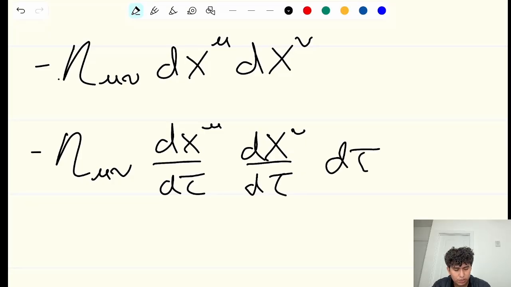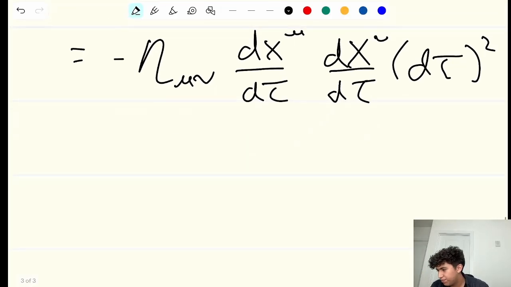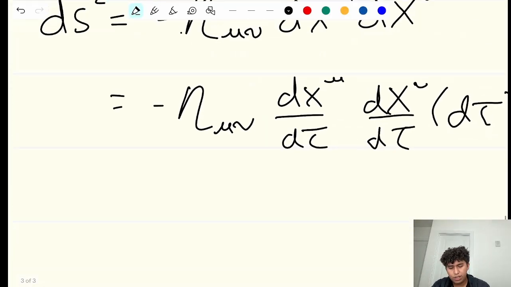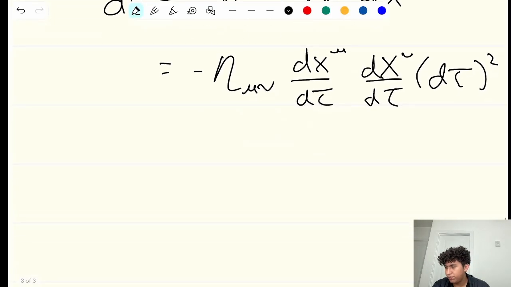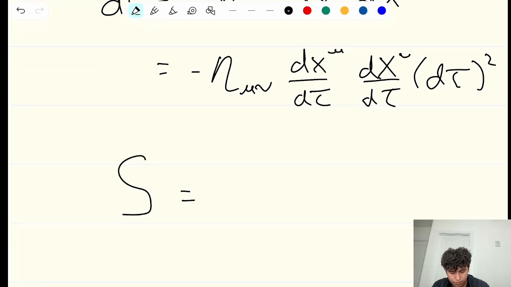And this is going to be d tau squared, because we just divided by two d taus. So the action can be parameterized with tau by just replacing, because we know this is the action, ds.